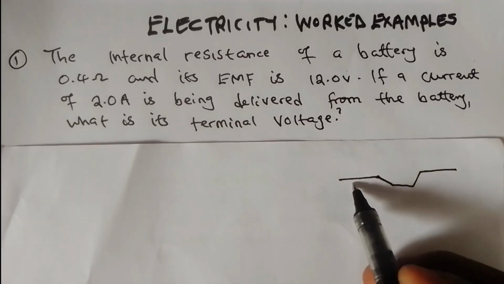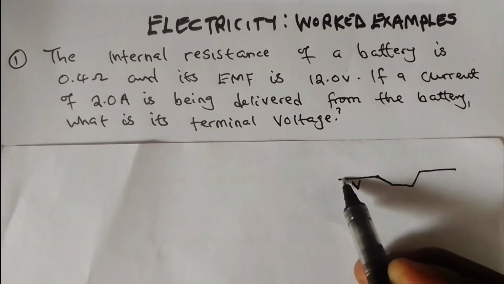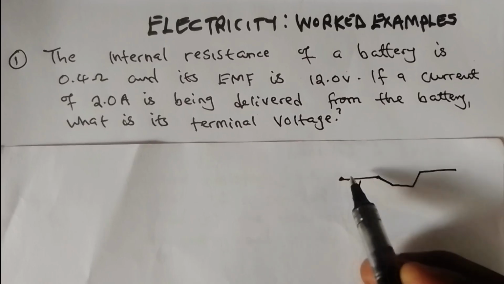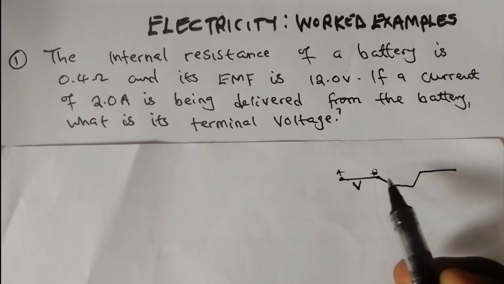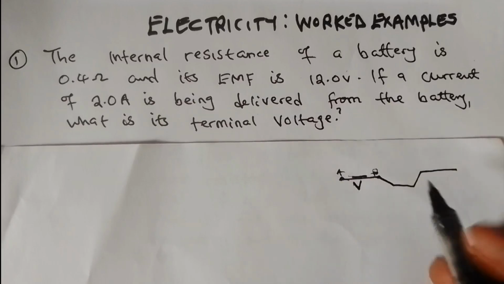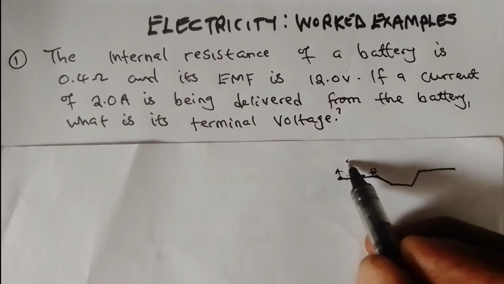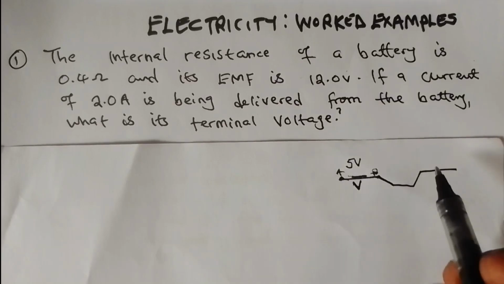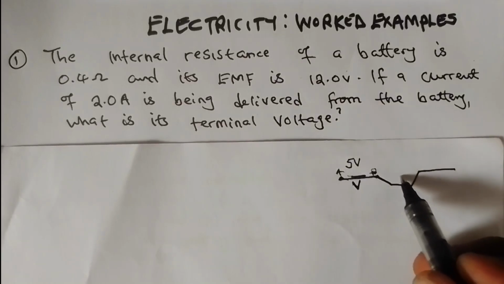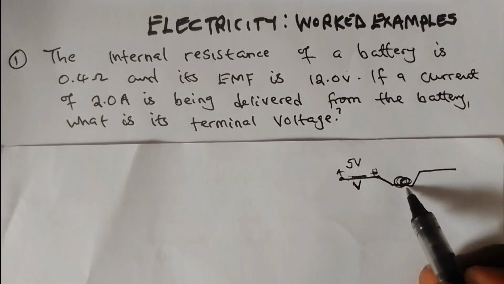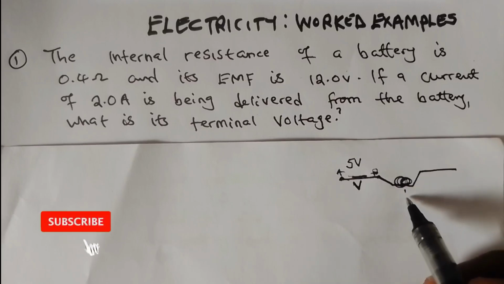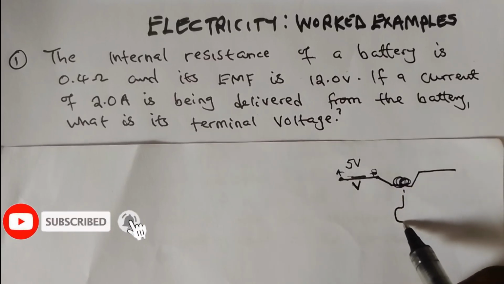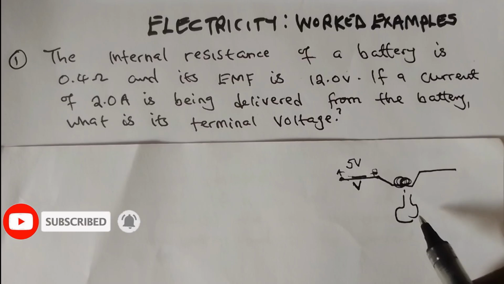If you measure the voltage from point A to point B, let's say you measure 5 volts using a voltmeter, and then at this point we also connect a bulb.